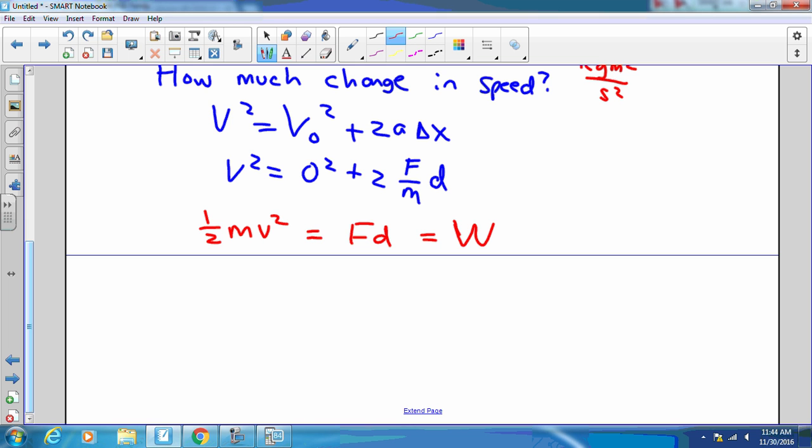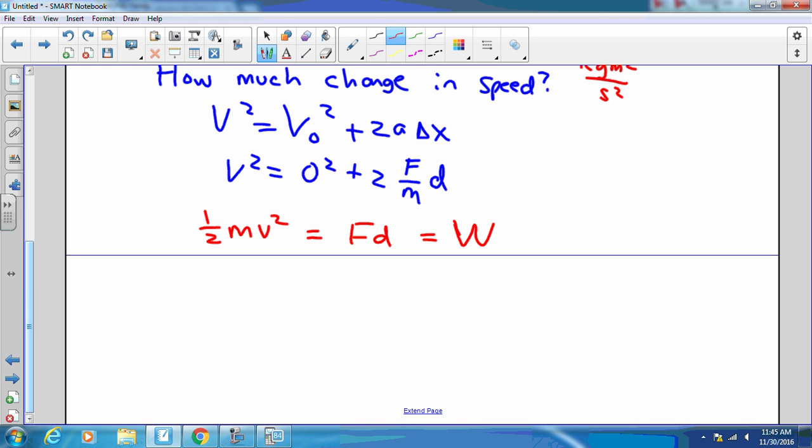Now here's what I'm going to do. I'm going to call the quantity on the left-hand side the kinetic energy of my object. Objects that have a speed have a kinetic energy.